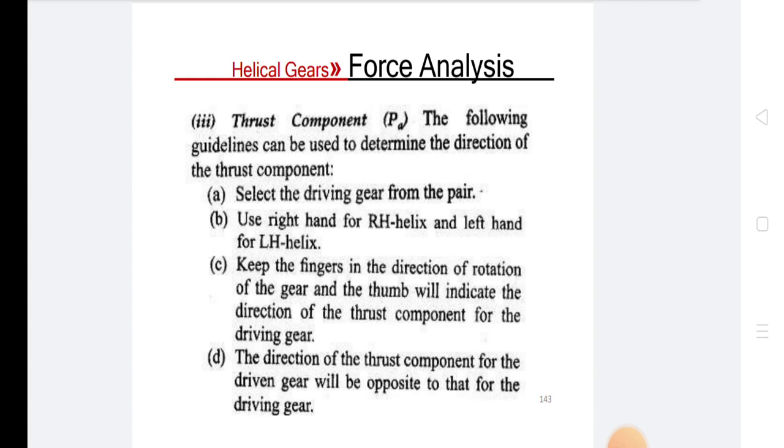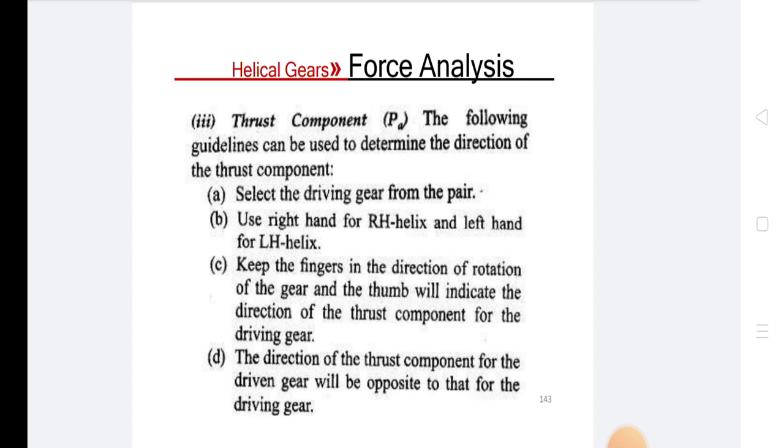The various combinations of parallel helical gears have different corresponding directions of axial components. In order to find the direction of the axial or thrust component of force acting on any helical gear, use the following hand rule for the driving gear. When the driving gear is right hand type, use the right hand rule, whereas when the driving gear is left hand type, use the left hand rule.